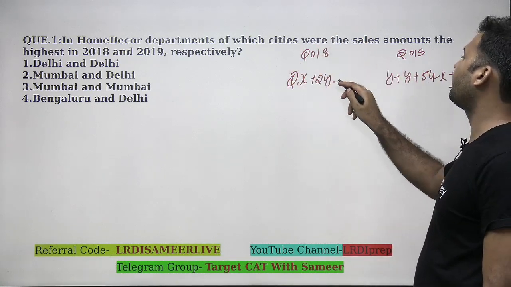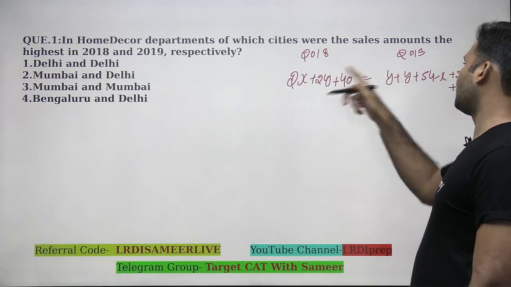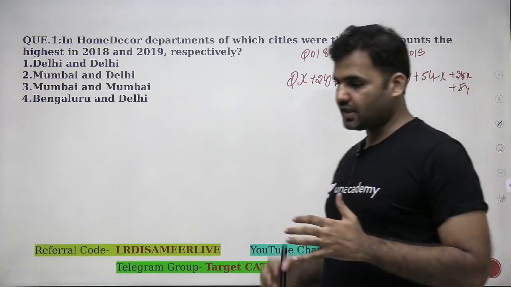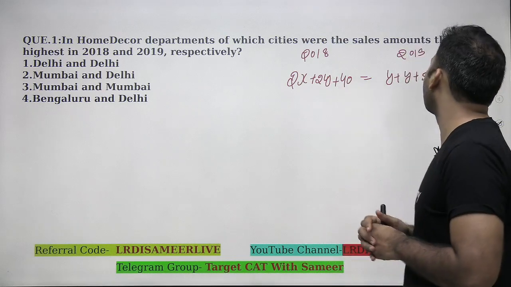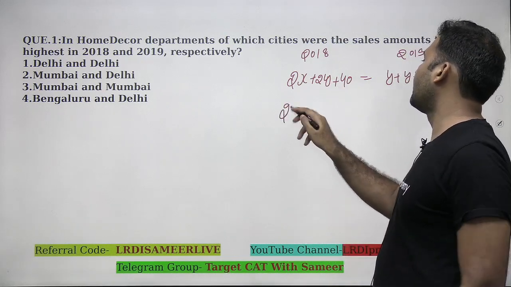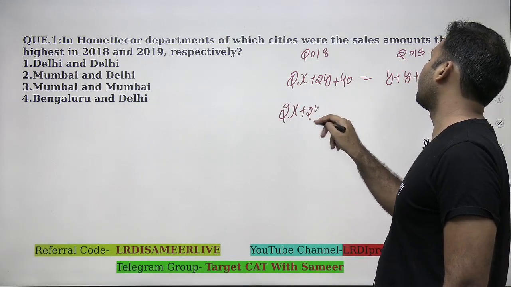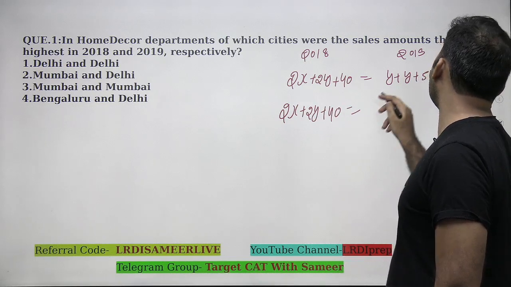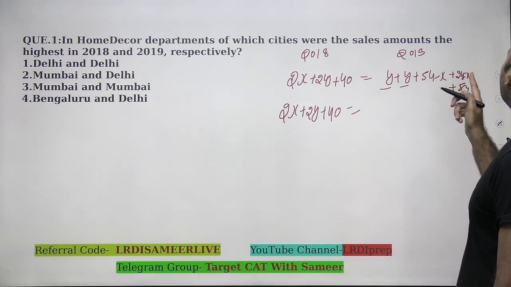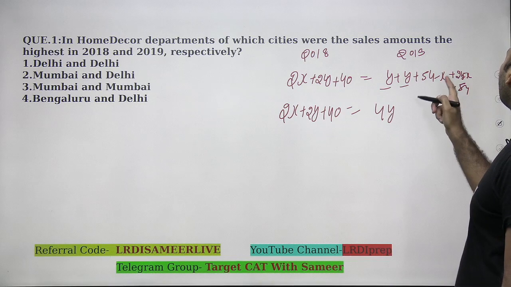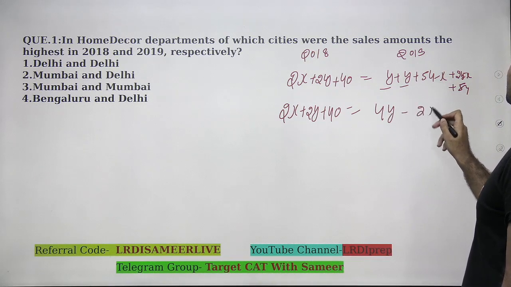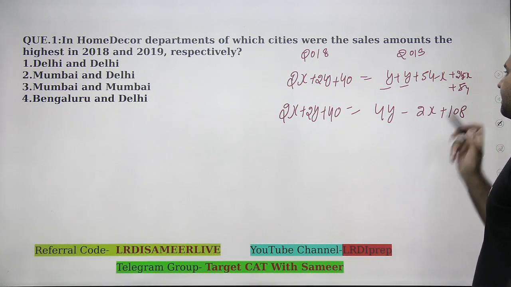If I add 40 to this value, these two values will be the same, because in the question it is given that the increment is 40 crore. Now 2x plus 2y plus 40 will be equal to y plus 2y, that is 4y, minus 2x plus 108.